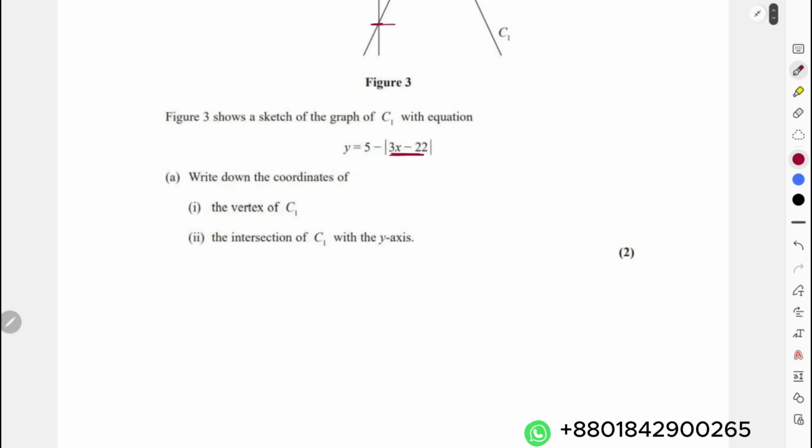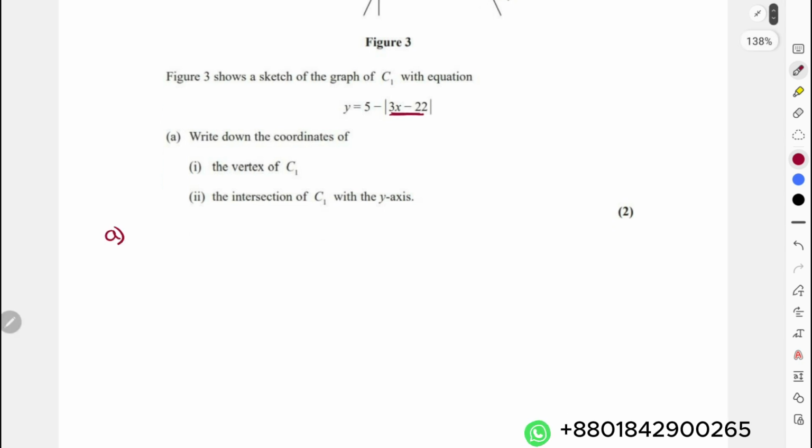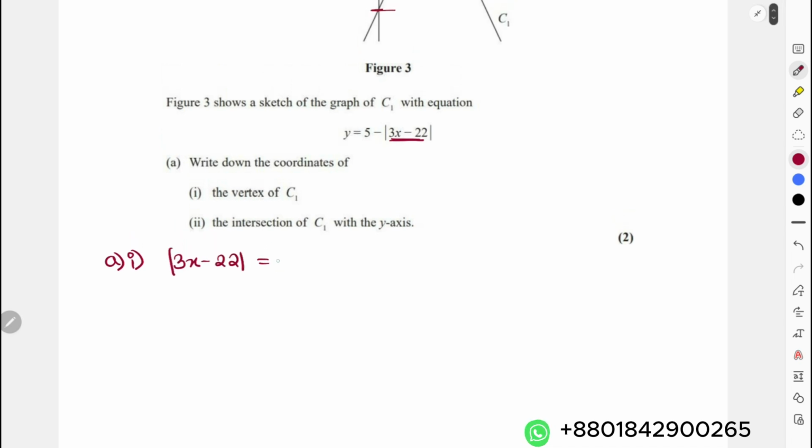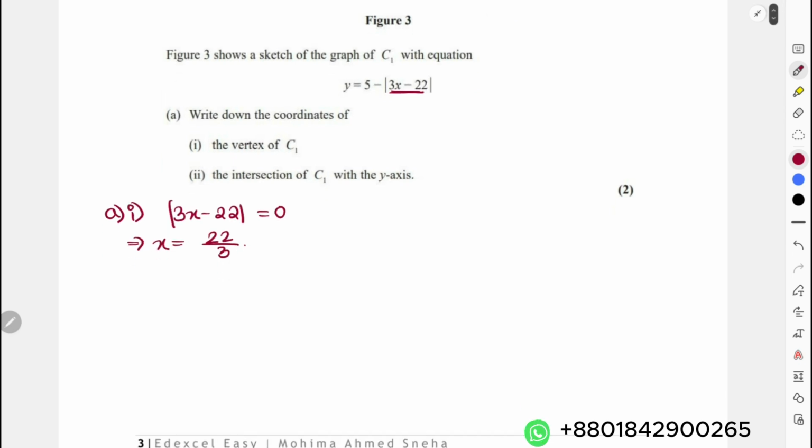So we're going to find the x coordinate first and then insert that into the f(x) equation to get the y coordinate. So we are working with part A1, for which I already know that 3x minus 22, for the top vertex, or the bottom vertex also if I was working, is always equal to 0. In that case, I'm going to get how much? 22 over 3, right? So this is the x coordinate.